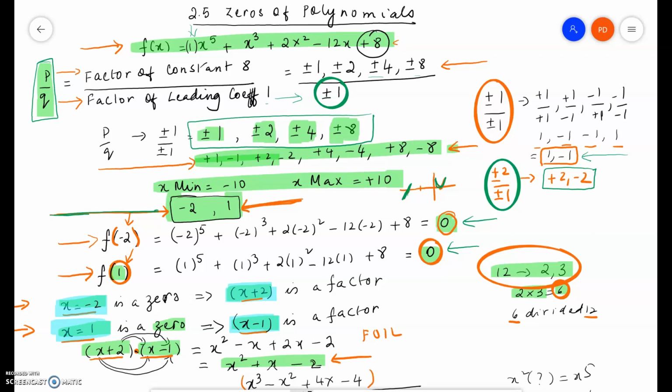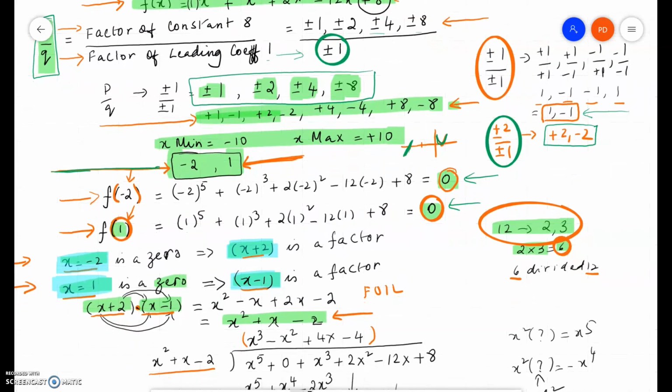Now I do know that at one point the graph crosses the x-axis, so the power of x plus 2, because at x equals negative 2 the graph crosses the x-axis, has to be an odd power. It can be 1, 3, 5, and so on, right? But I'm not going to worry about that right now. The multiplicity of x equals negative 2 is odd.